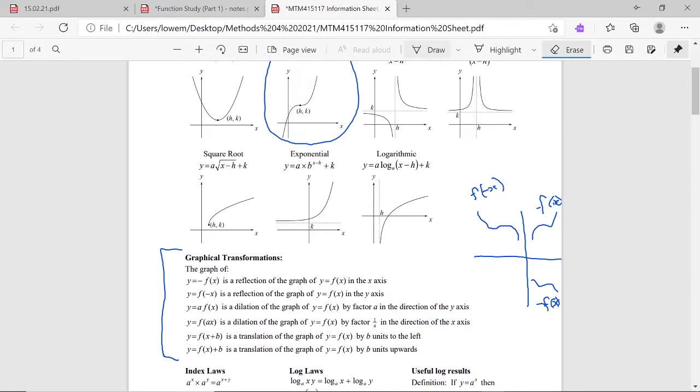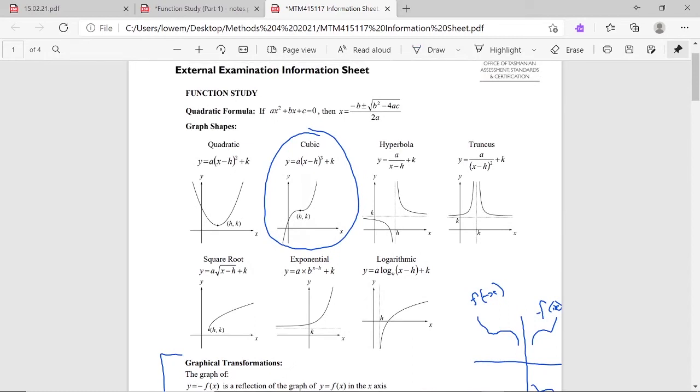If we have a look at the next one here, y equals f of a times x. You'll notice here that our x is being multiplied by an a within the brackets. So technically, if we have the a instead of being outside the brackets, actually inside and next to the x, sometimes you'll see that.